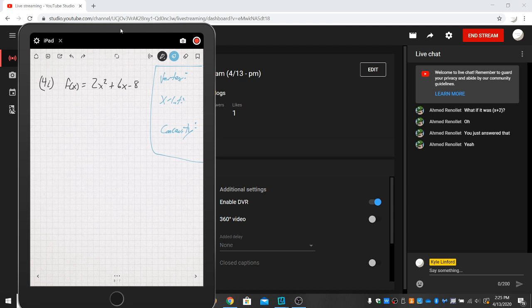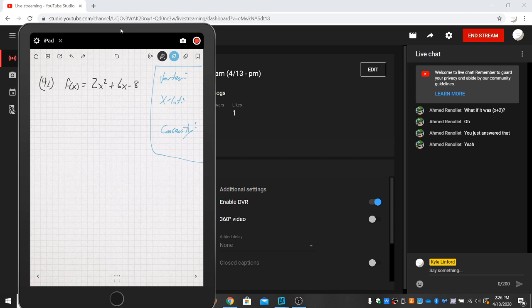Additionally, if you convert it to vertex form, you would know what the vertex is. Keep in mind, though, we also have the vertex formula that we could use. So I might solve this a couple different ways. I'm not really seeing anyone have any particular preference in the live chat, so maybe let's start with the vertex. Maybe I'll start putting it into vertex form. Does that sound okay? Let's give it a try.